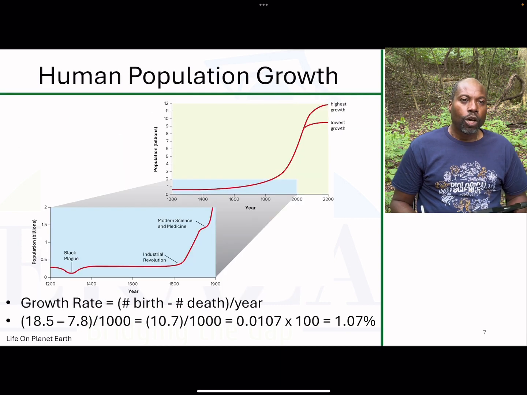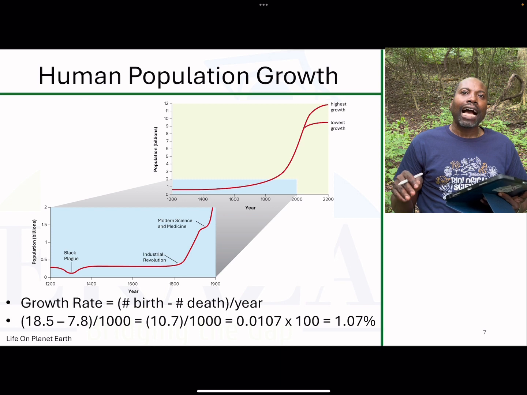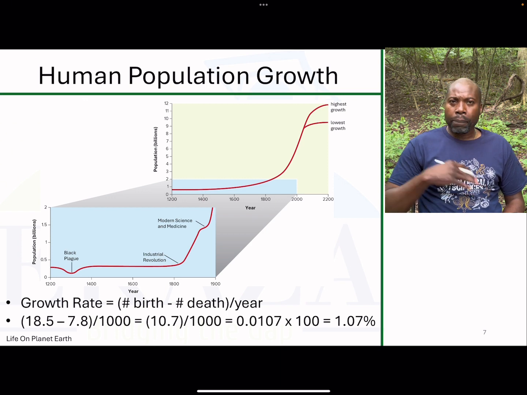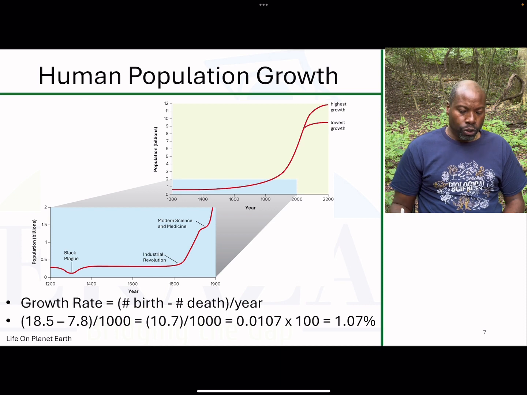All right, so at this point we are going to dive into population, and specifically human population. Well, human population has tremendously changed over the past. How so? Well, for a long time, while the human population was growing, the growth was not exponential, right?